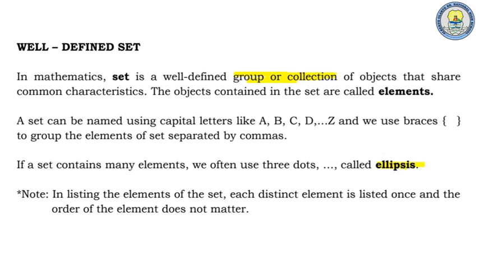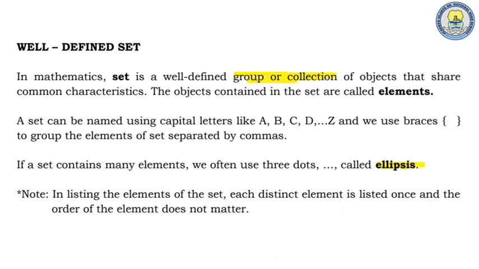So note, in listing the elements of the set, each distinct element is listed once and the order of the elements does not matter. Lahat ng mga element na nabilang sa sets ay pwede nating ilista, pero once lang.